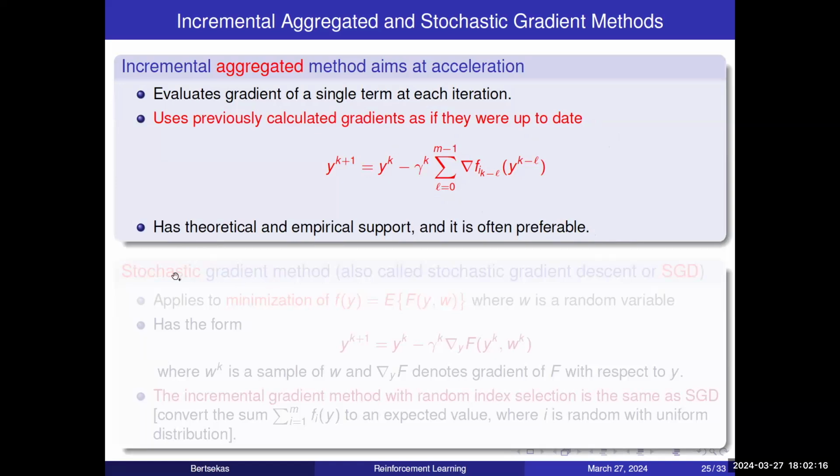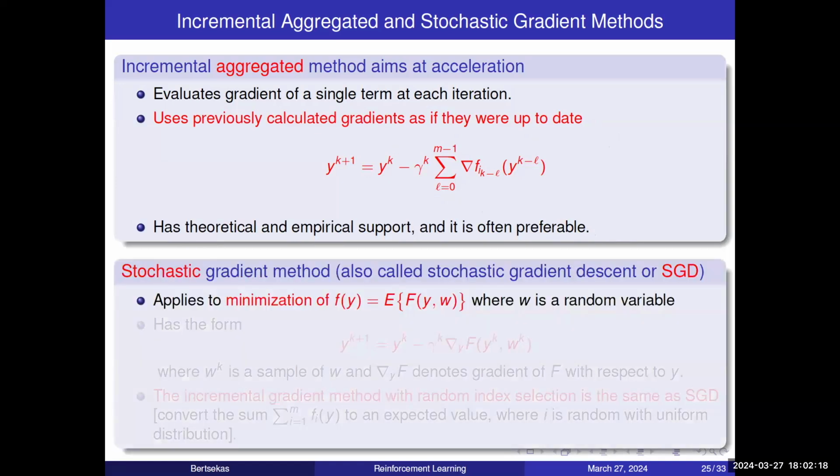So in the context of training neural networks, you hear a lot about the stochastic gradient method, also called stochastic gradient descent, or SGD. They apply to problems of minimizing a function, which is the expectation of some component function, where W is a random variable.